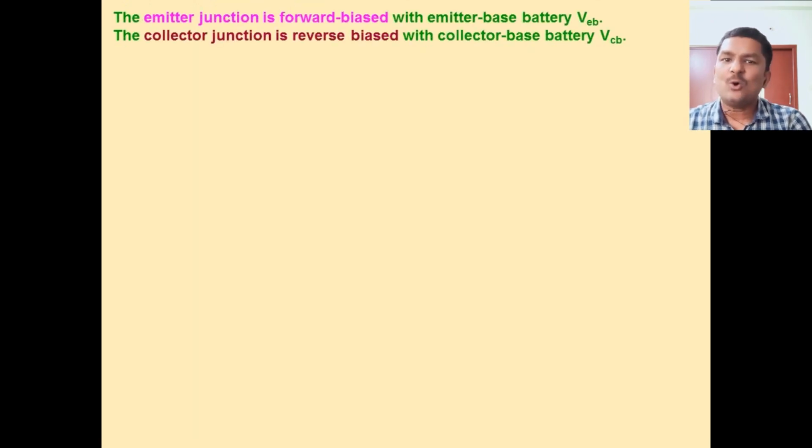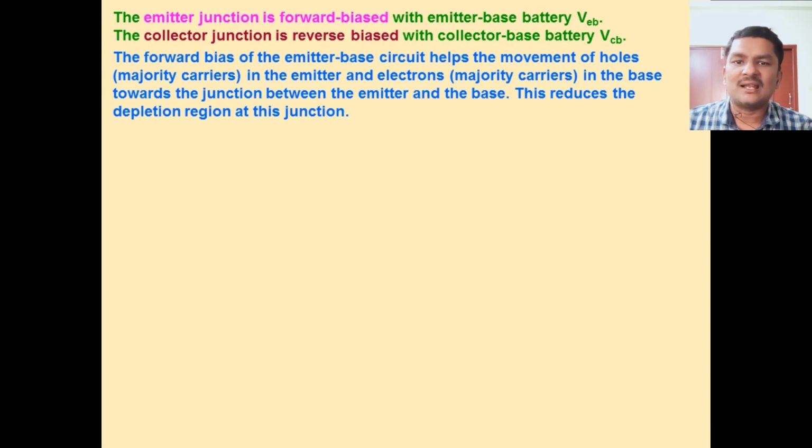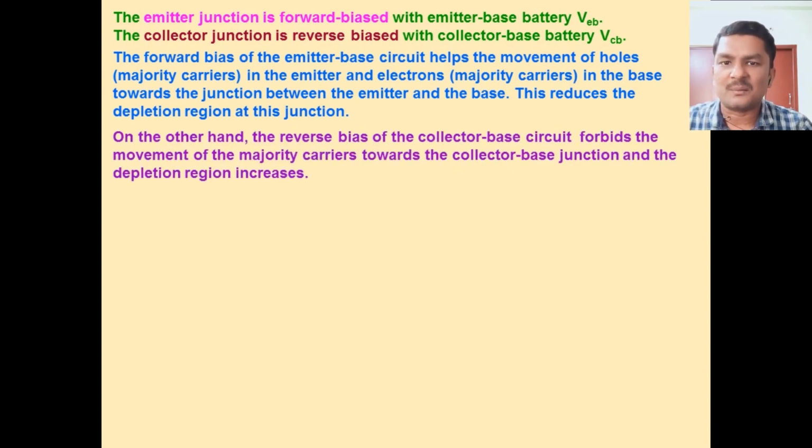The remaining holes rush through the collector and are swept away by the negative terminal of the collector base battery. Only 5% combine in the base region, and the remaining 95% rush through the collector and are attracted by the negative terminal of the collector base battery.